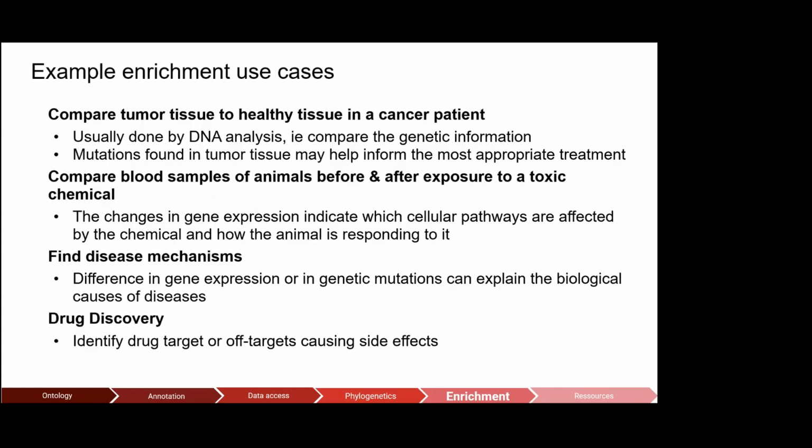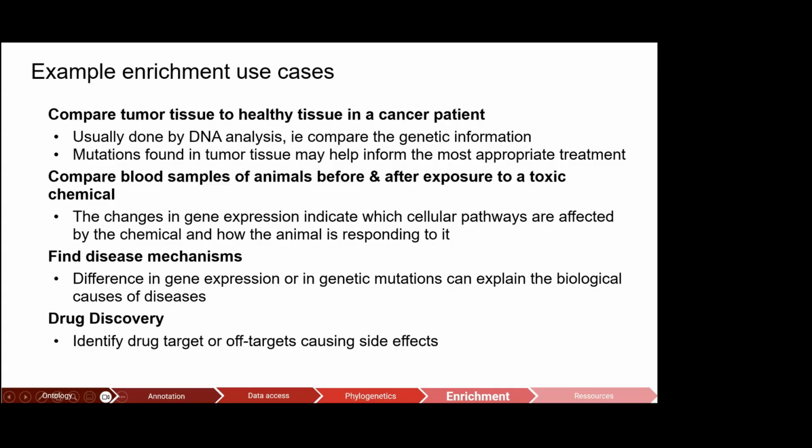This is used a lot of the time, here just a few examples. For example, you can compare tumor tissue to healthy tissue in cancer patients. Say, okay, what is expressed in one tissue, not in the other? You extract the list and you look, what kind of process or function is involved in cancer? You can do it with blood samples and look after exposure to toxic chemicals, disease mechanisms.